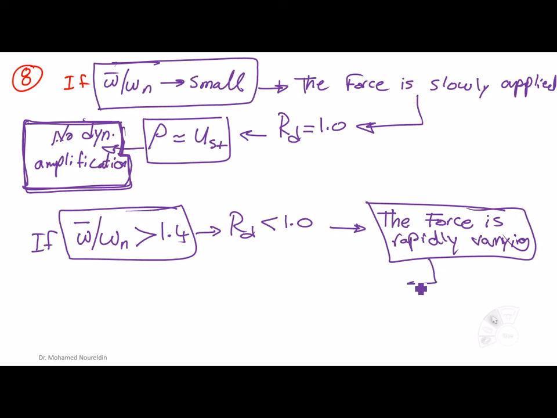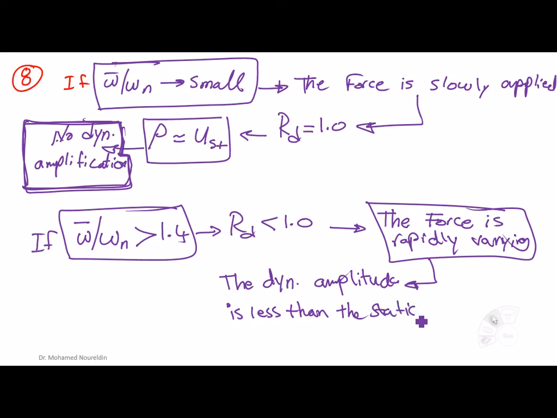The force is being applied so rapidly that the dynamic amplitude is less than the static amplitude. This is what we are going to have, which is that rho is going to be less than U static. Okay, that's very good.